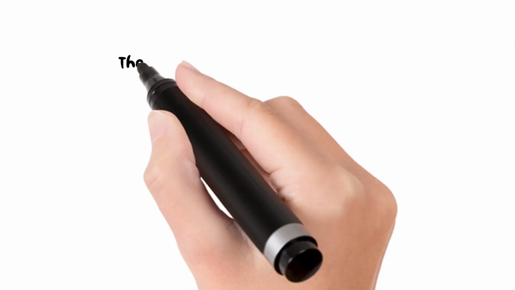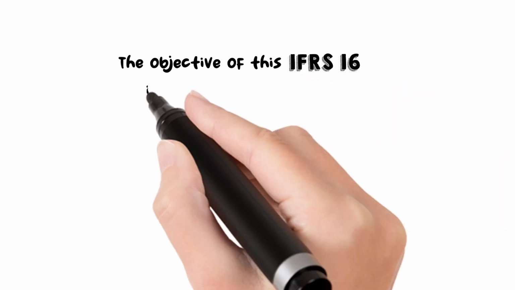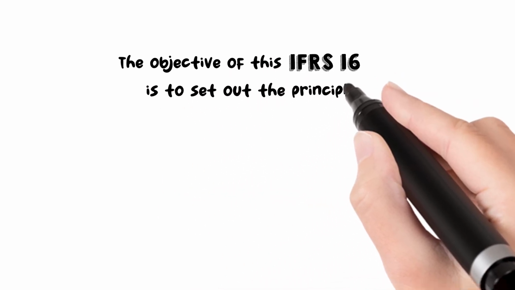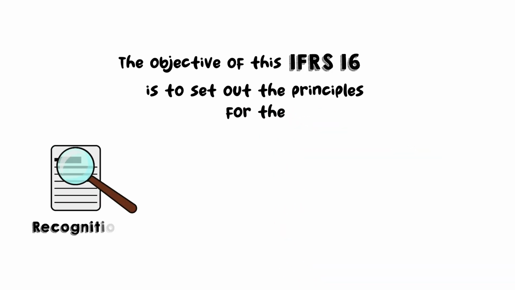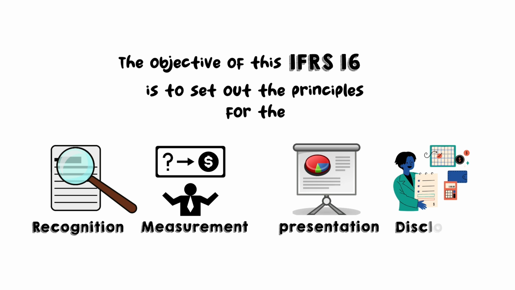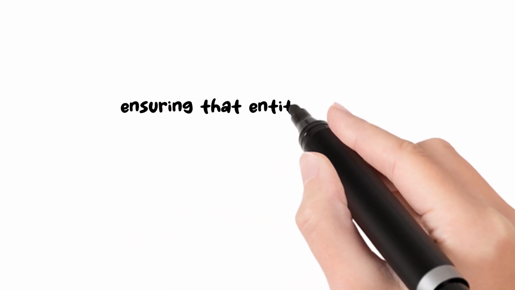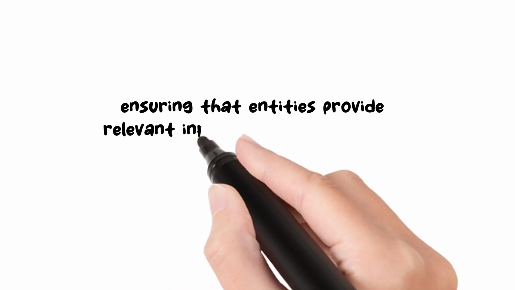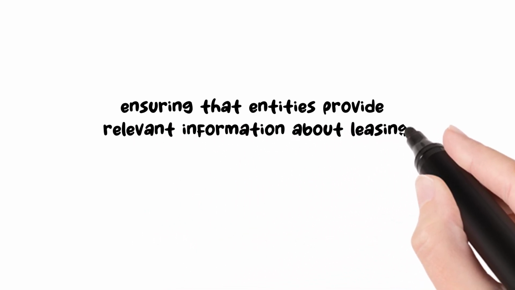IFRS 16. Leases. The objective of IFRS 16 is to set out the principles for the recognition, measurement, presentation, and disclosure of leases, ensuring that entities provide relevant information about leasing transactions.